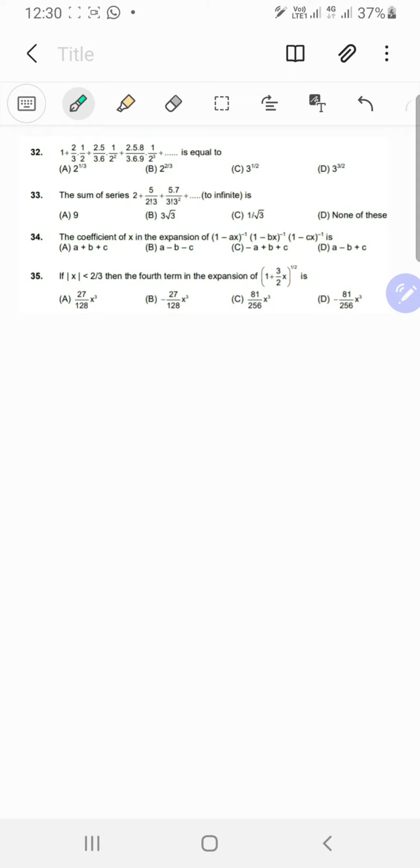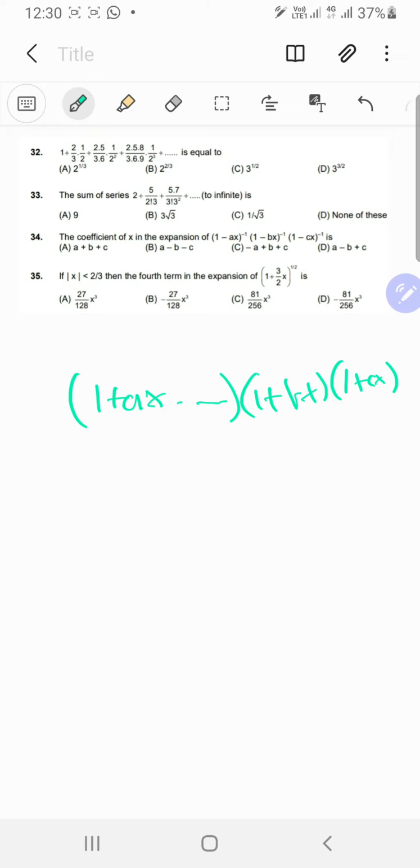So coefficient of x in the, obviously, that makes sense. Because it's just x to the power 1 and not some big number, it's going to be easy enough to do this. So it's going to be like 1 plus ax plus some other stuff which we don't want, then 1 plus bx plus some other stuff, and then 1 plus cx. So everything else is going to have x squared, x cubed, something like that.